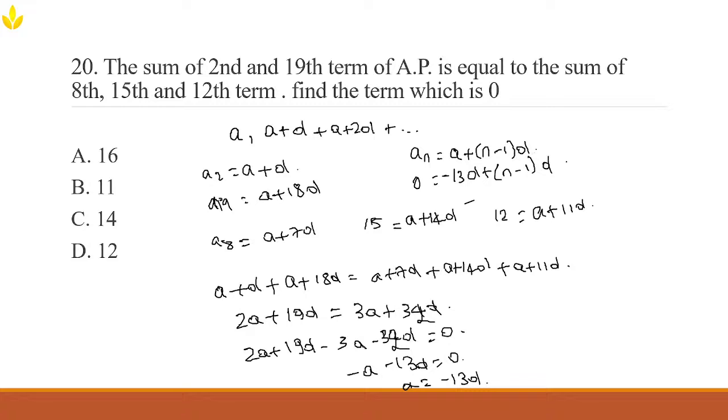So that becomes n minus 1 into d is equal to 13d. d and d get cancelled. n minus 1 is equal to 13. So the n value will be equal to 14. So the 14th term gives you the answer as 0.